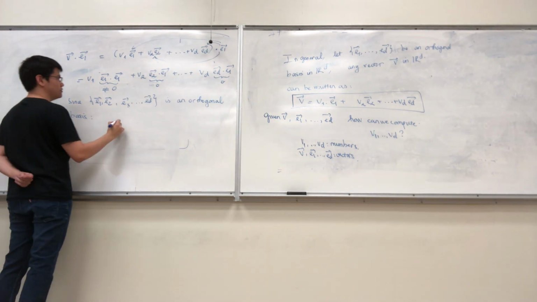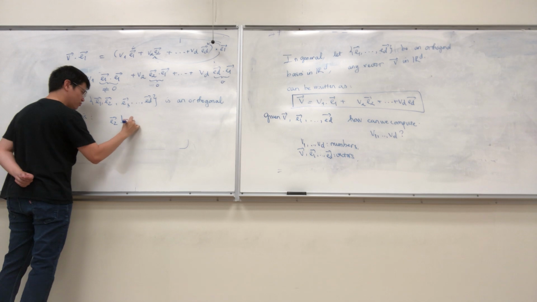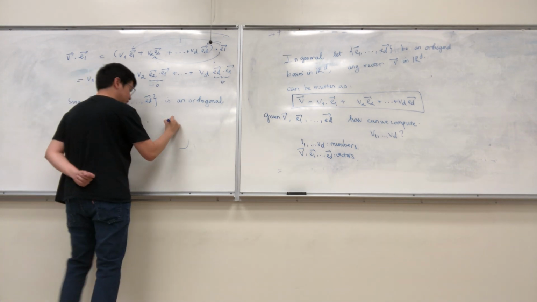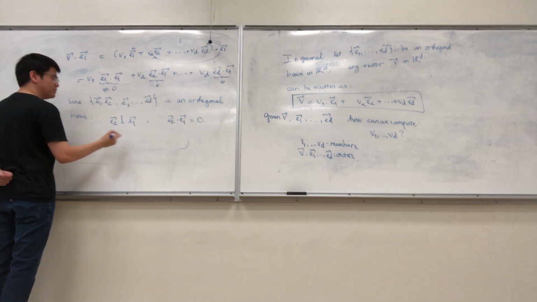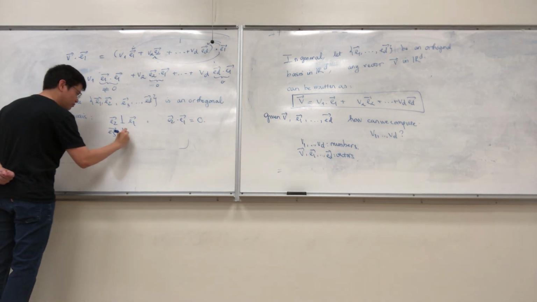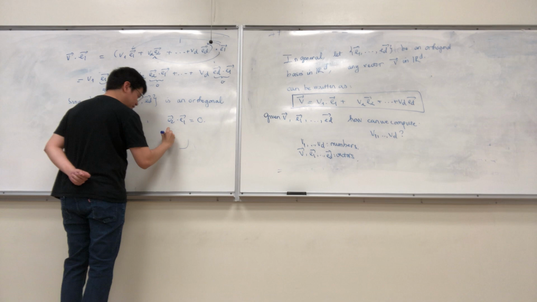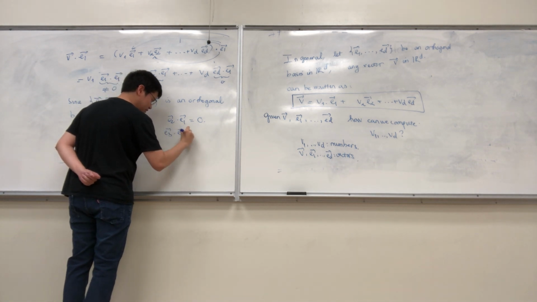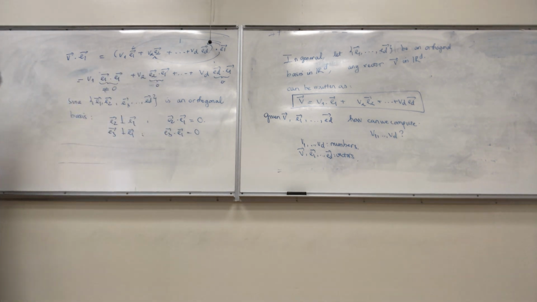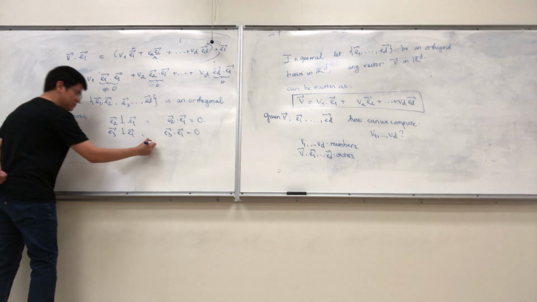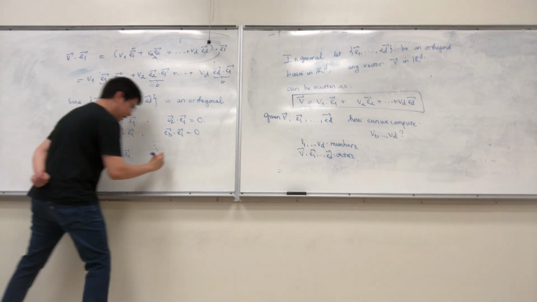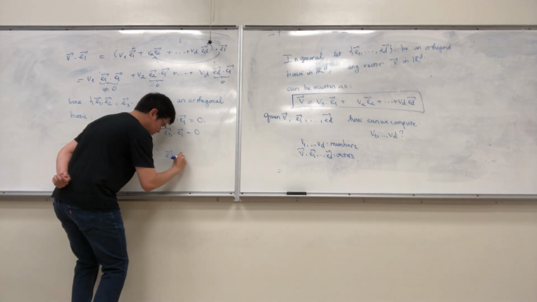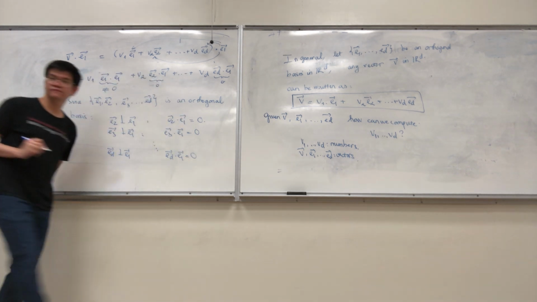Which means that you have what? You have E2 is orthogonal to E1, which means that E2 times E1 is 0. And you have E3 is orthogonal to E1, which means that E3 times E1 is 0. Alright? And then everything will be 0. ED is orthogonal to E1, so then you're going to have ED times E1 is 0.